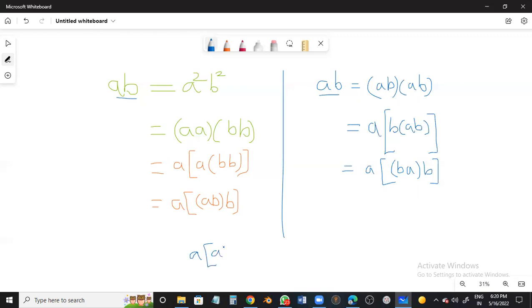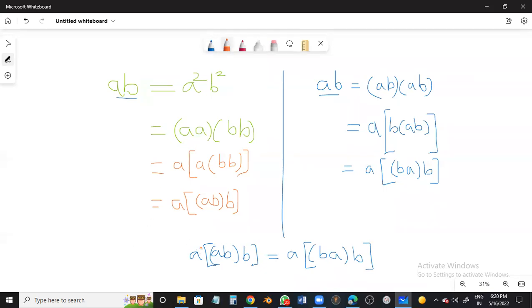On the left, A inside, I got AB times B, and the right side is A into BA times B. Hope you follow me. Now what I watch is the left side.